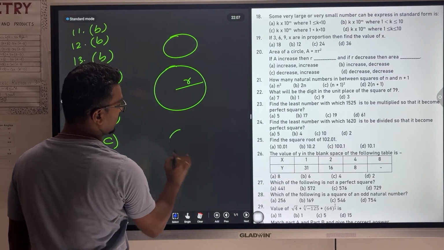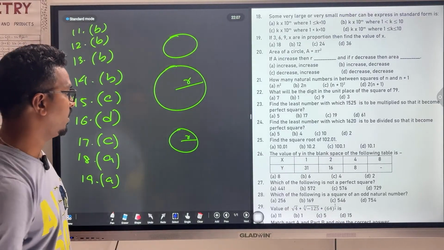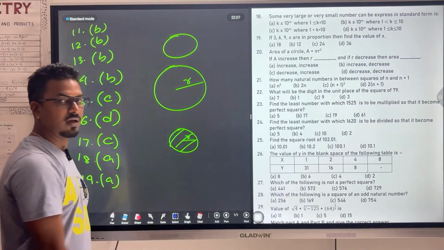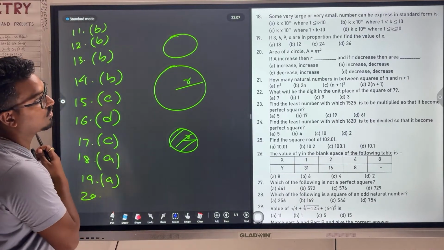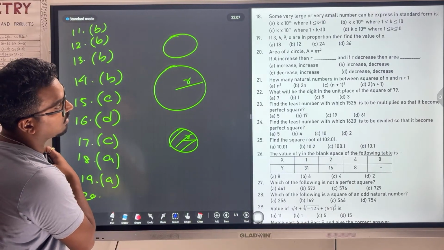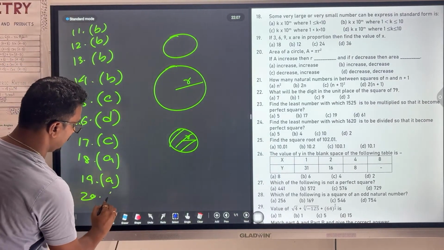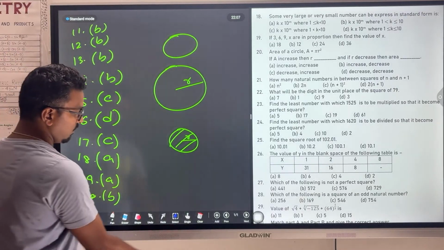If the radius is reduced, then the area will also become less. So the option is increase and decrease, option B. Clear? Next, 10 more questions are left.